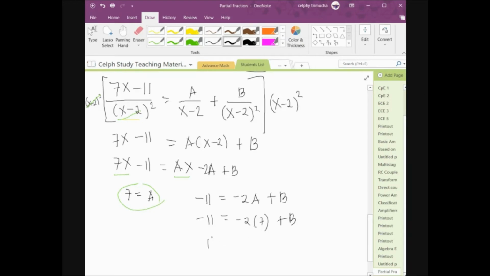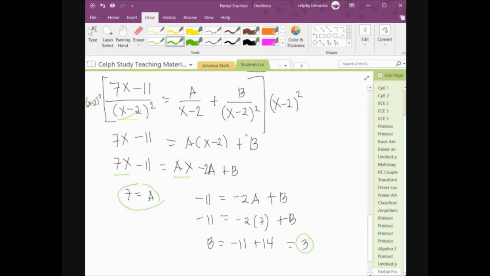So b is equal to negative 11 plus 14. So b is equal to positive 3. Negative 11 plus 14 is equal to positive 3. So now we have the two values, a and b.